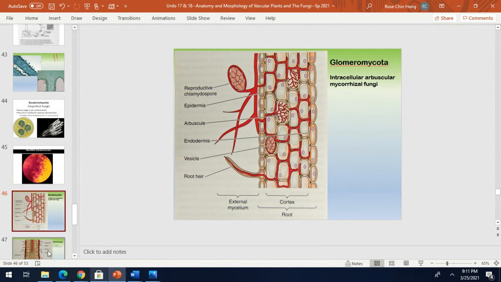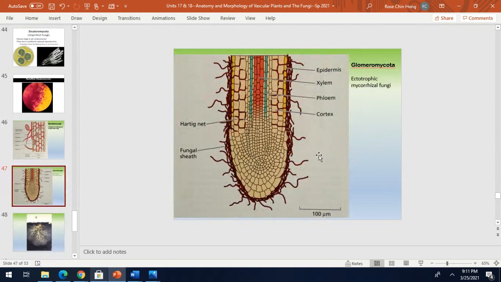And the next kind of glomeromycota is the ectotrophic mycorrhizal fungi, which means it grows around on the outside, and then the fungal hyphae would go between the cells, so it can get its carbon and sugars.